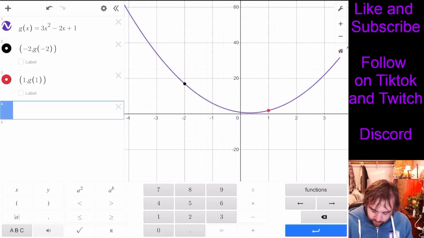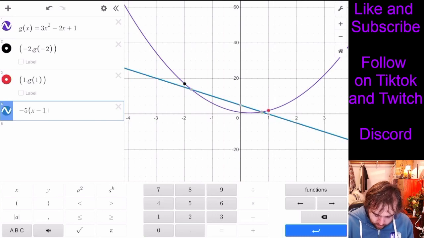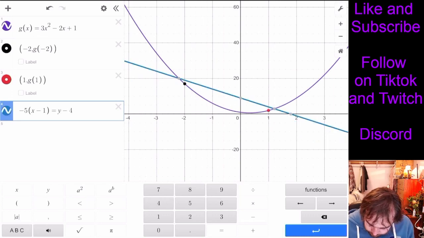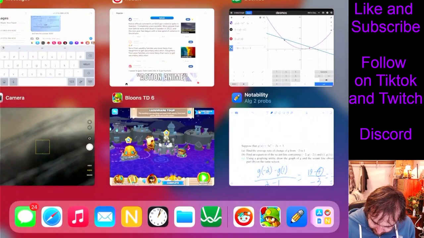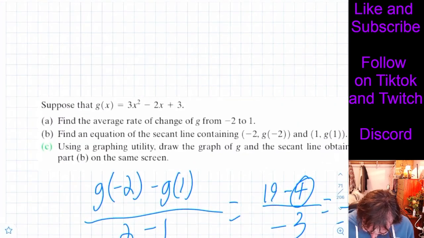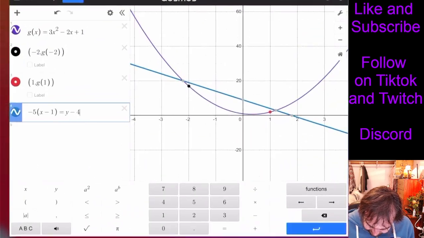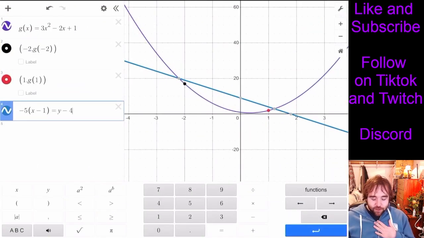And what was the equation of our line? -5x minus 1 equals y minus 4. Hang on. Alright, so this is one of the fun parts now in math, where we get to find where we messed up.